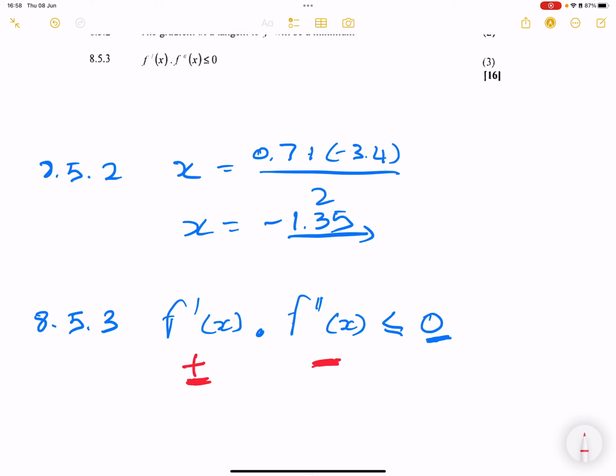Remember, that represents the concavity of the graph. We said when f double dash is less than 0, so it's negative, this is where the graph is concave down. So we want where the graph is concave down and it is an increasing function.